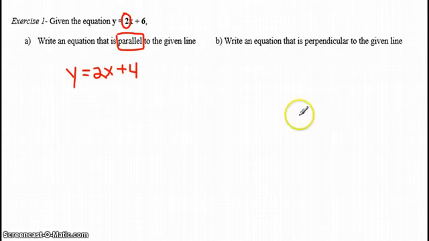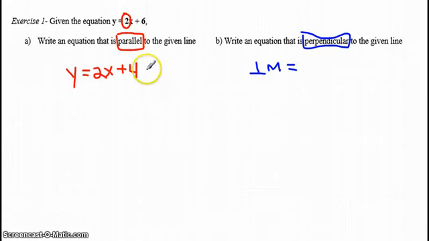And then write an equation that is perpendicular to the given line. Perpendicular means that our slope is going to be the negative reciprocal. So if our slope is 2, to figure out the negative reciprocal of that, you could really say that's 2 over 1. My opposite sign from positive is negative. And if 1 is on the denominator, it becomes the numerator, and the numerator becomes my denominator.